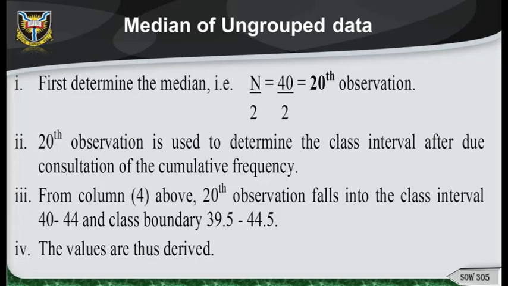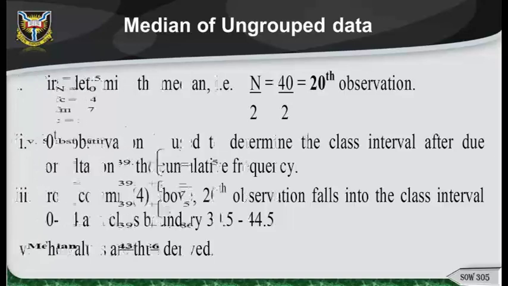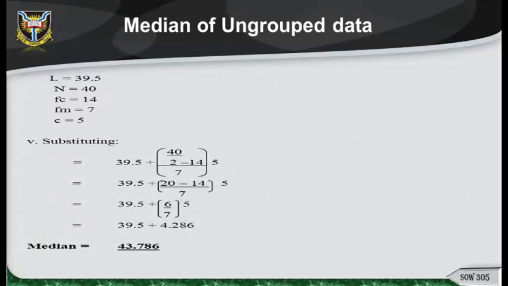Third, from column 4 above, the 20th observation falls into the class interval 40 to 44 and class boundary 39.5 to 44.5. Fourth, the values are thus derived: L equals 39.5, N equals 40, FC equals 14, FM equals 7, C equals 5.